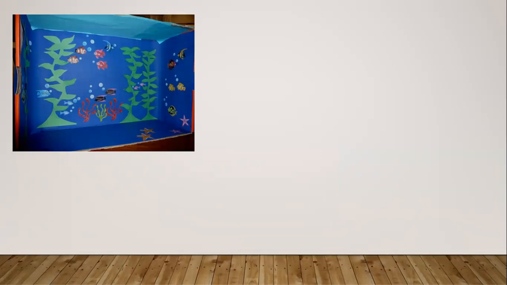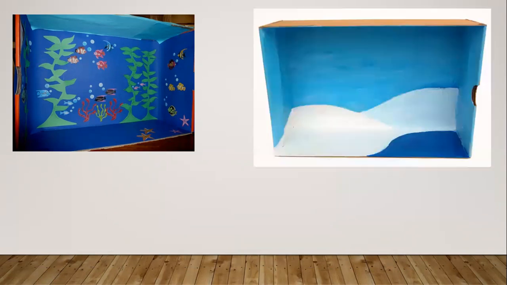Maybe you're using a box, like a shoe box or another cardboard box you have lying around, or a Tupperware box, or inside of a drawer. If you're using a box, maybe you want to paint the inside. You can use paint to paint the inside of your box. You could use markers or crayons to do the inside of your box to make it look like the ocean.